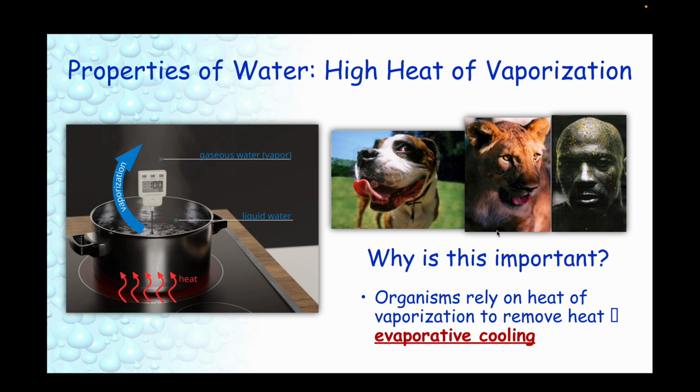Why is this important? Because a lot of organisms rely on heat of vaporization to remove heat, and this is through something called evaporative cooling. For example, when you sweat, it's cooling you down through evaporative cooling, right?